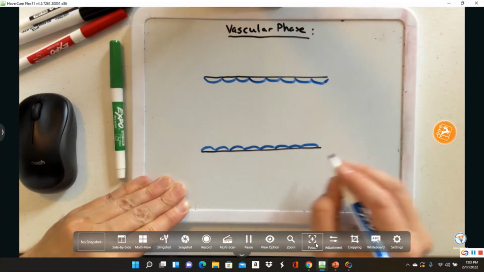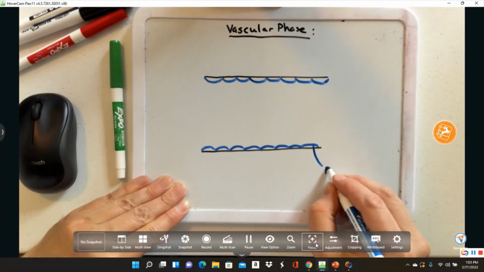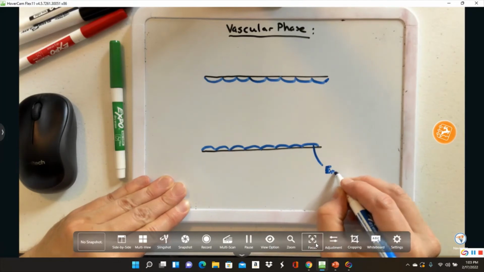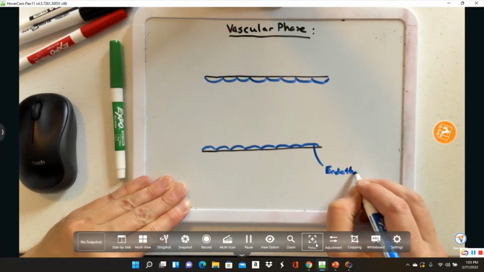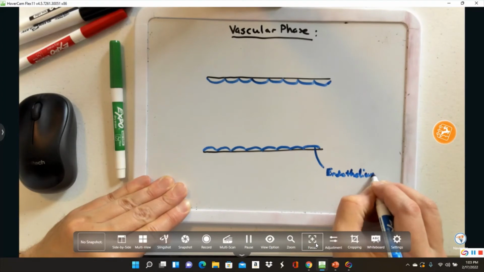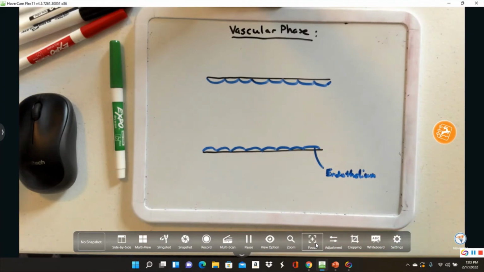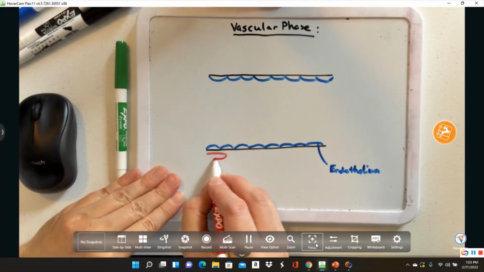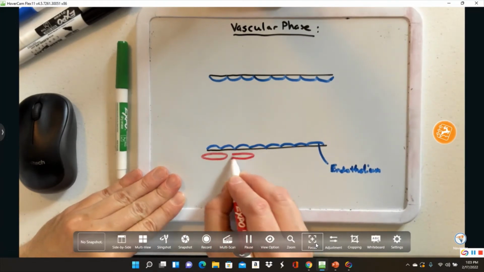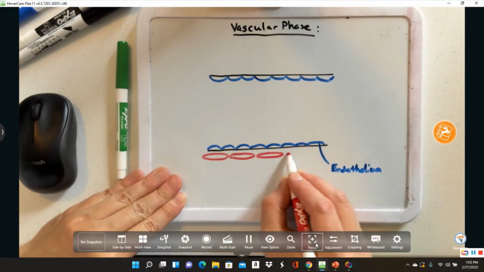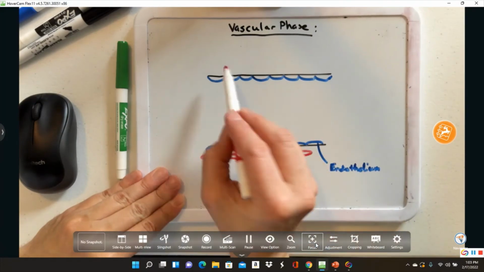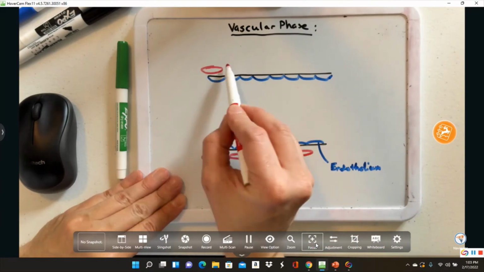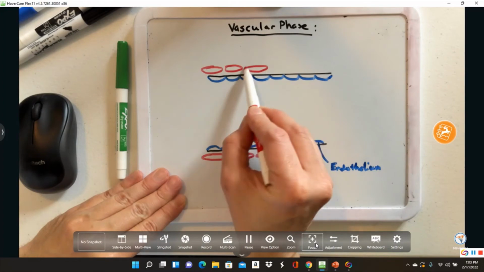All right, now what we have here is what is called endothelium. Endothelium. Now, not only that, we're going to have some cells in here that we should be generally familiar with that are lining the walls of blood vessels.